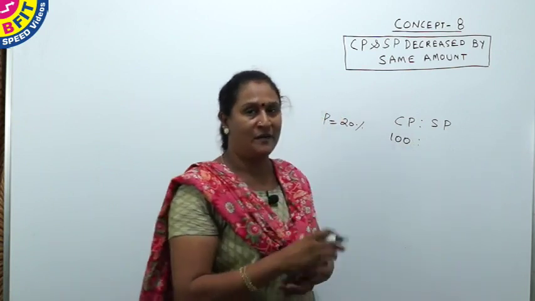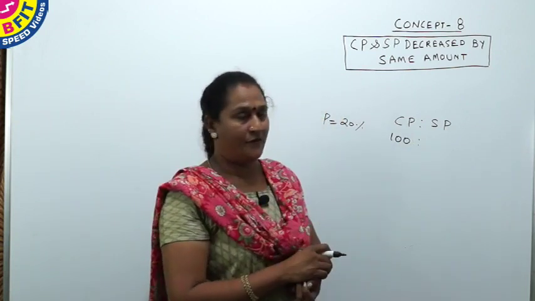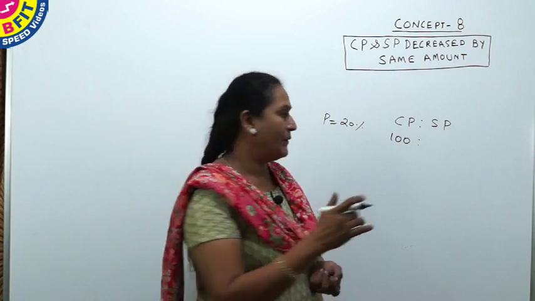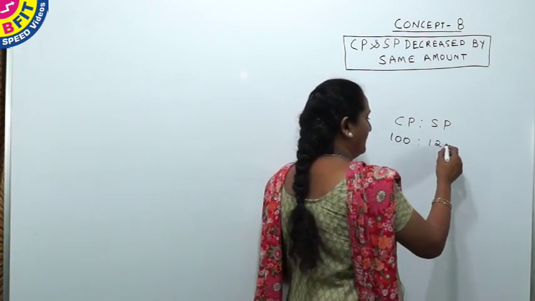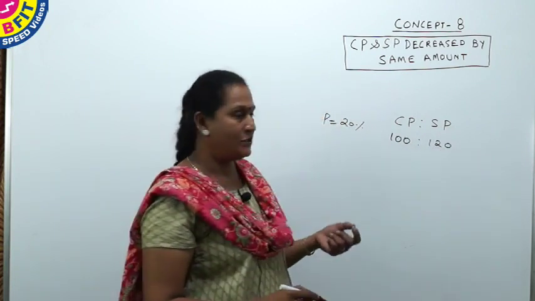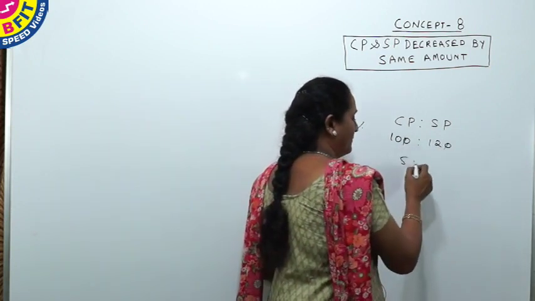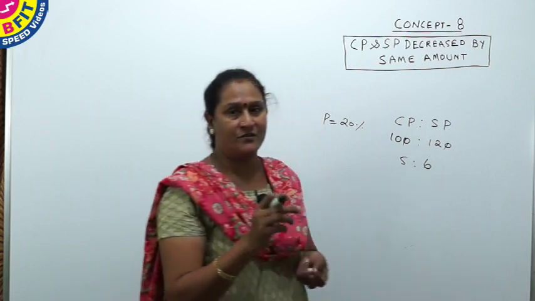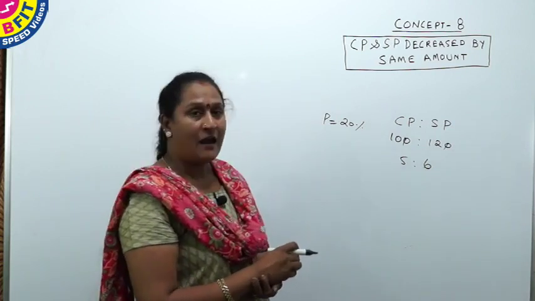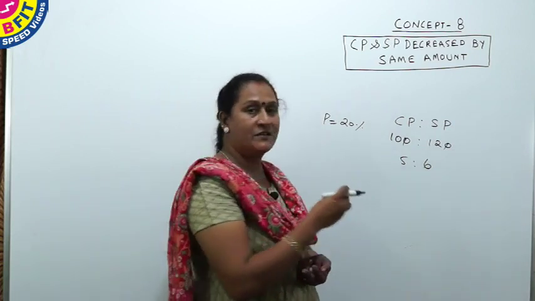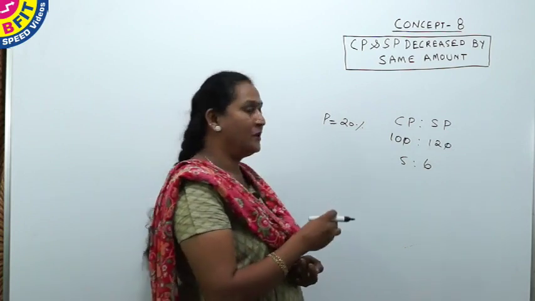And what will be the selling price? With 20% profit, the selling price will be 120. So now what is the ratio of cost price and selling price? It is 5:6.